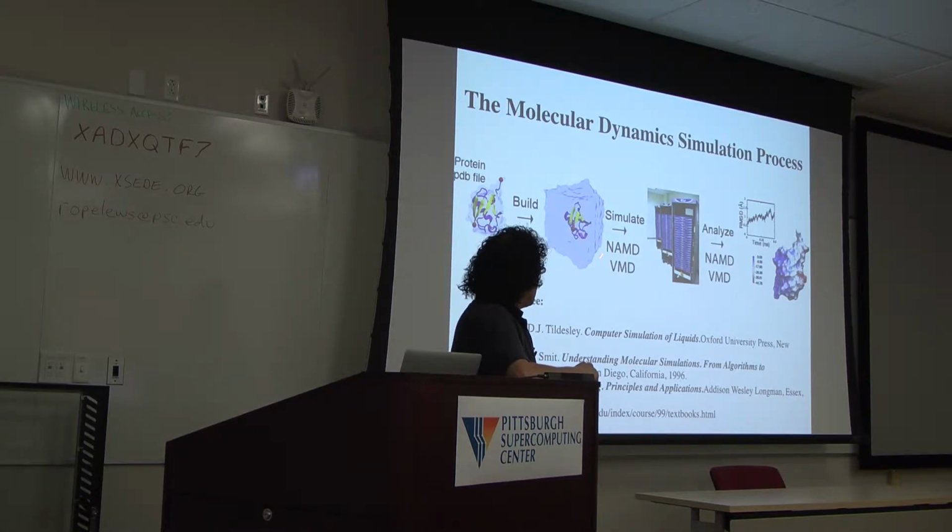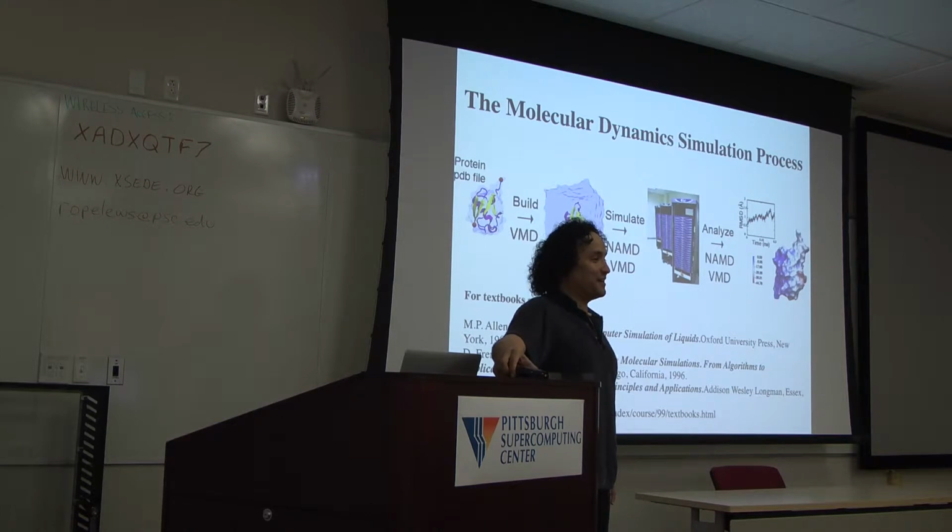In any case, once you have the simulation box or your system of interest, you simulate using your local cluster or a supercomputer. In general, you're better off using a cluster than your desktop, just because of performance. And then you analyze. You use VMD for analysis, you make some pretty pictures, and then you just publish, right? So this is the pipeline to go from a structure to a publication.